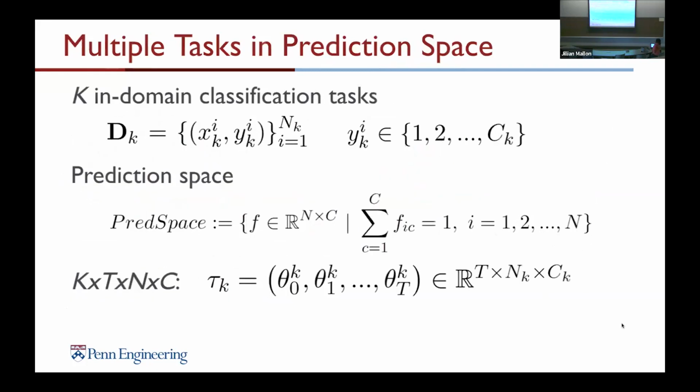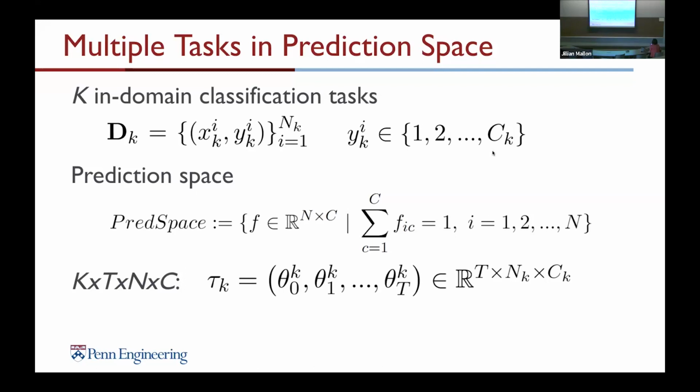In general, our study considers k in-domain classification tasks, where each task is represented by a dataset with n_k samples, and each task can have a different number of categories, c_k.